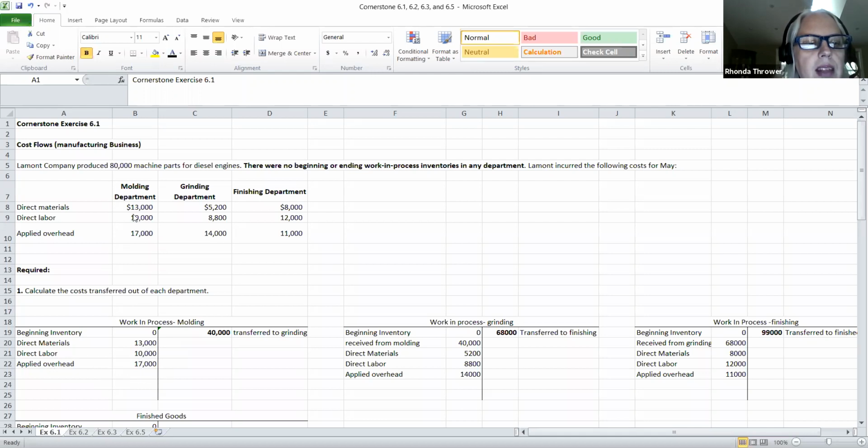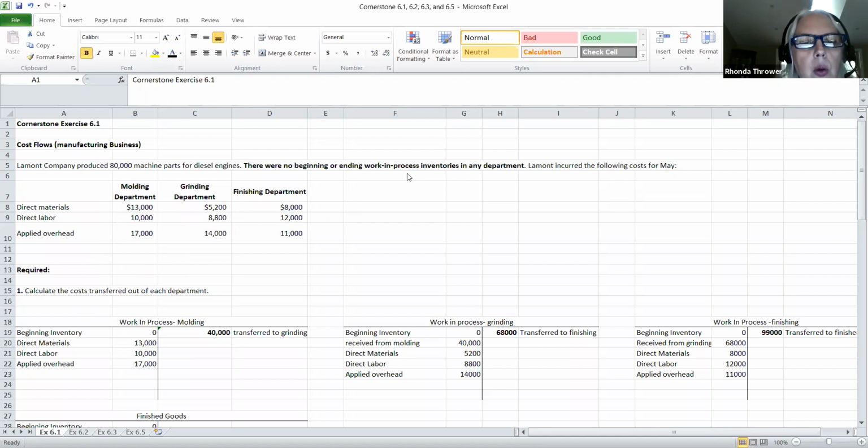In this case, they gave us the applied overhead in each one of these departments, and they gave us the materials that each department used and the direct labor that each department used. Starting with the molding department, I have recorded my direct materials, my direct labor, and my applied overhead.